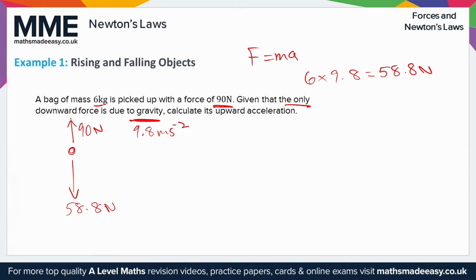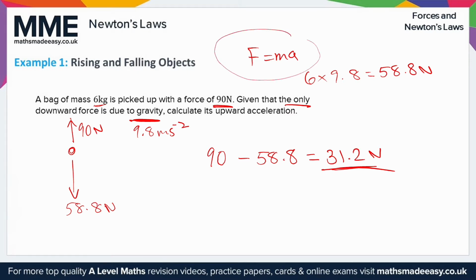So now you've got two forces, they're opposite to each other. To work out the resultant force, we can just do 90 take away 58.8, and we get 31.2 newtons. So there is our resultant force, but that's not what the question asks. It asks, calculate its upward acceleration.